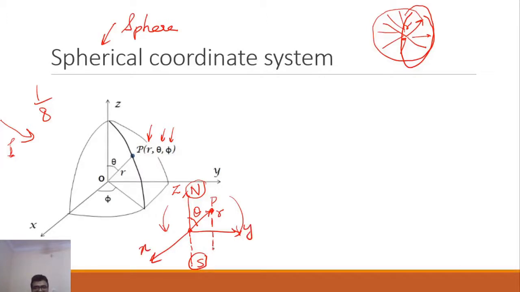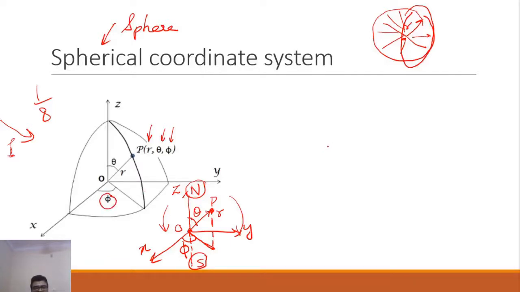And once it is touching the XY plane, we'll draw a straight line which joins the origin. And this line, which is on the XY plane, if you draw an angle starting from X till this line, this angle will be known as phi. And you are right, this phi is the same phi as we saw in the cylindrical coordinate system.